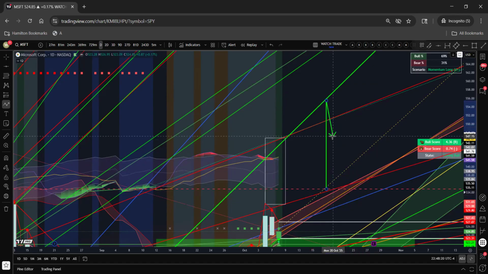Because what's gonna happen is we're gonna either hit 555.50 or the 556 level, and then we're going to retrace to that level and then make that higher high by the end of the year.